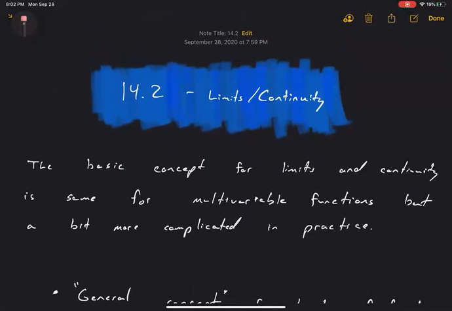We're going to be talking about section 14.2 in this video. Continuing on with multivariable functions, and as I said in the previous video, this is really what we're going to be concerned with for the rest of the semester. We're going to build on chapter 14, obviously, and do things like differentiation and integration and so on, and some extensions of that.